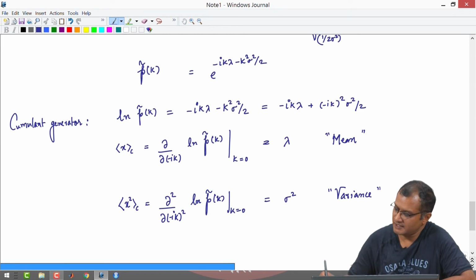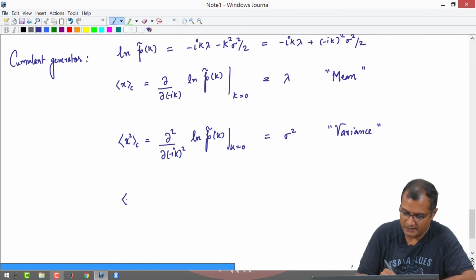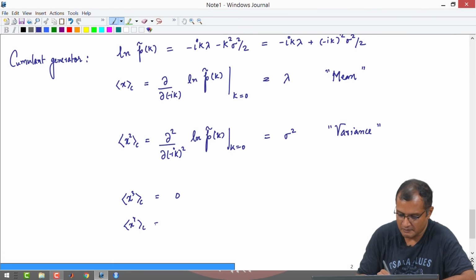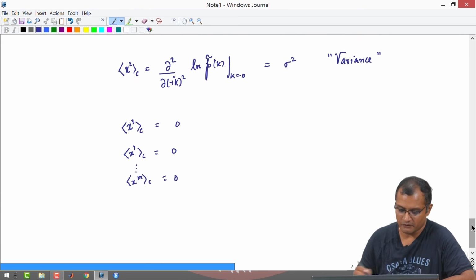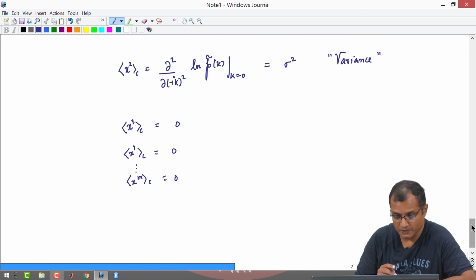And you can see any other derivative, the third cumulant, fourth cumulant, all other cumulants are 0, because you do not have terms which are above quadratic in k in the cumulant generating function. Okay. So, this is a beautiful property possessed only by a Gaussian distribution.